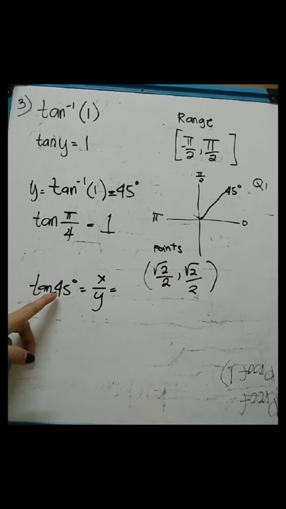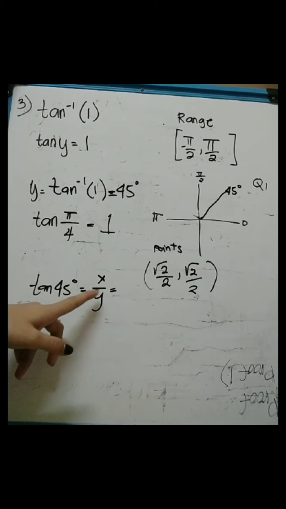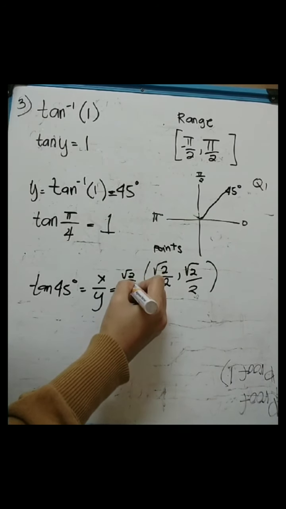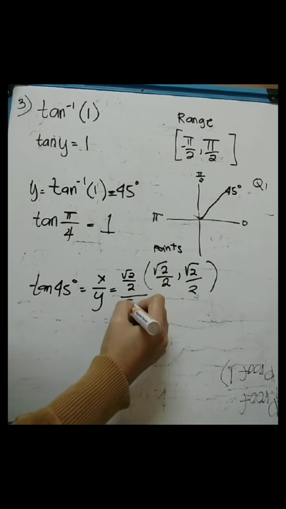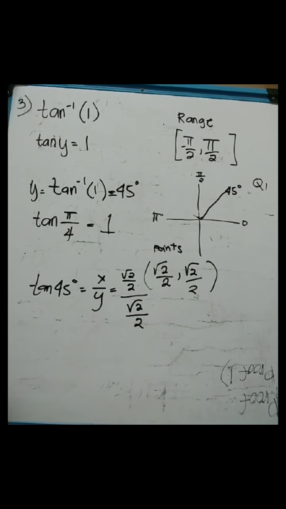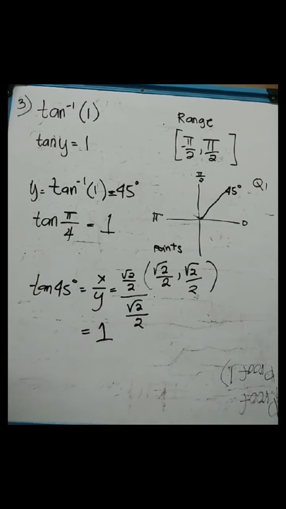So tangent 45 degrees is equals to y over x. So just plug in these 2 points to divide, and our y is square root of 2 over 2. If you divide two numbers that are the same, it will equal 1.